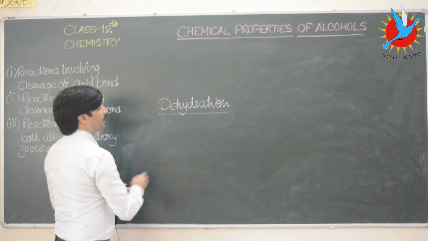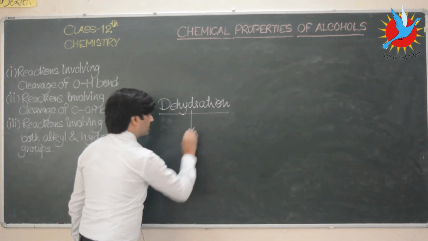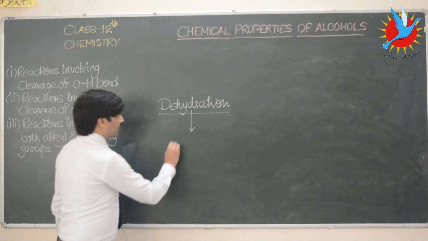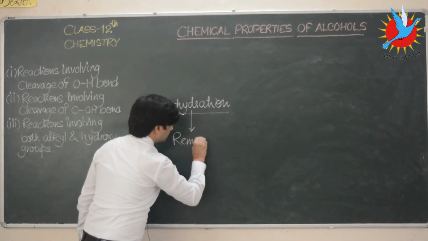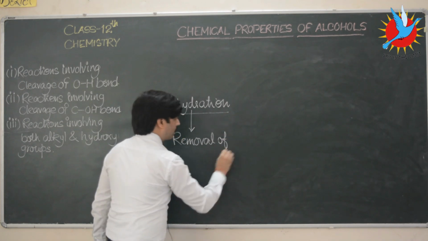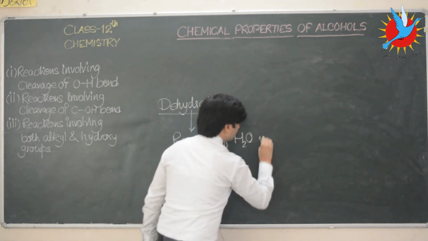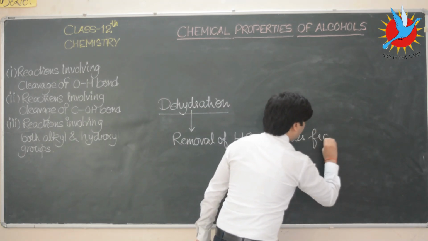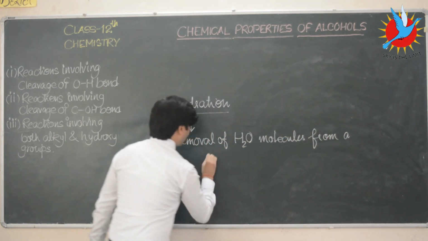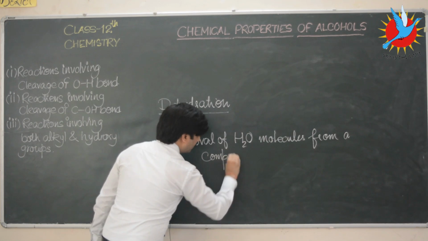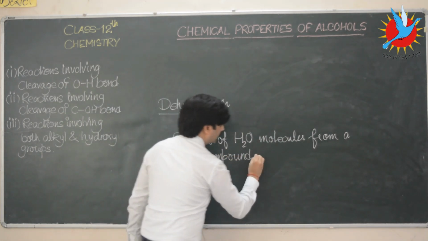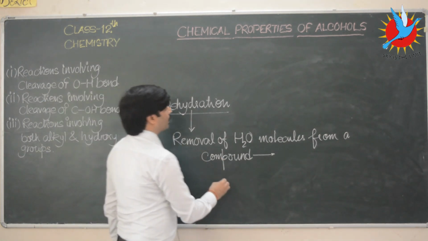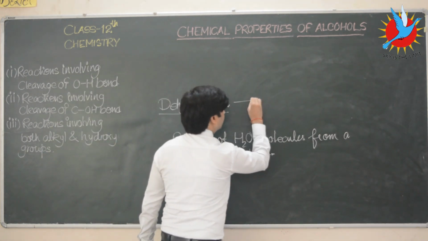What is the meaning of dehydration? De means removal, hydrate means water molecules. So removal of water molecules from a compound is known as dehydration, and dehydration takes place in the presence of a dehydrating agent.